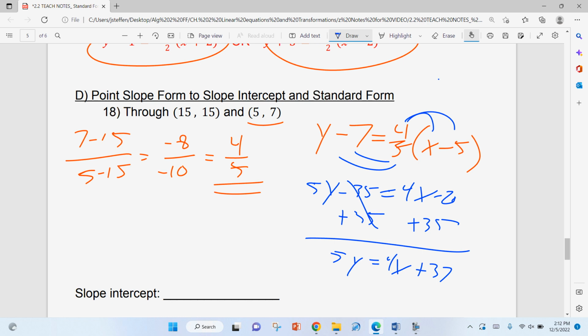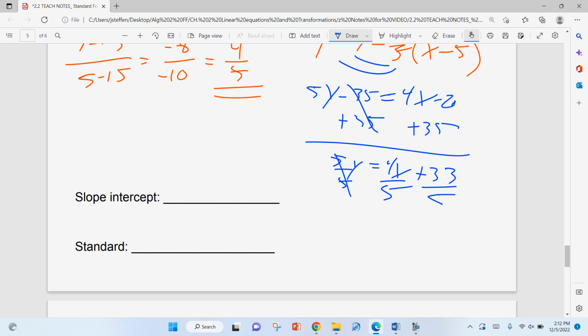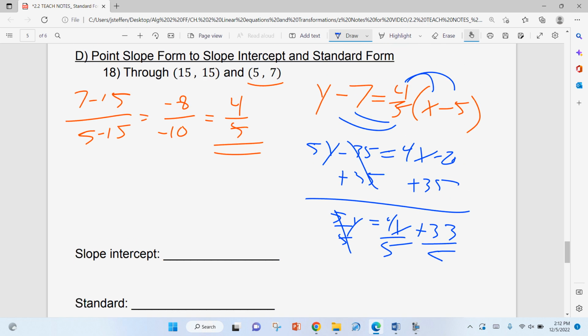That should be 33, I'm thinking. Then divide everything by 5. Oops, sorry, I should have specified. So for slope-intercept form, we divide everything by 5. Y is equal to 4 over 5x plus 33 over 5. It's some decimal.